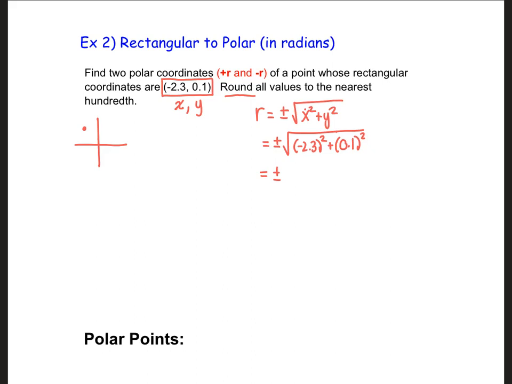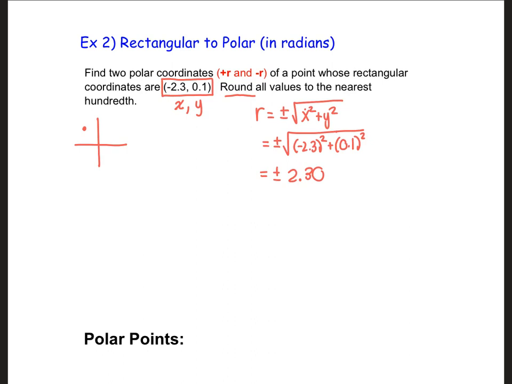Let's see, we've got -2.3 squared plus 0.1 squared. Then I'm going to take the square root of that answer, 5.3, and I'm going to round this to, it says the 100th, so that's actually still going to round it to about 2.30.